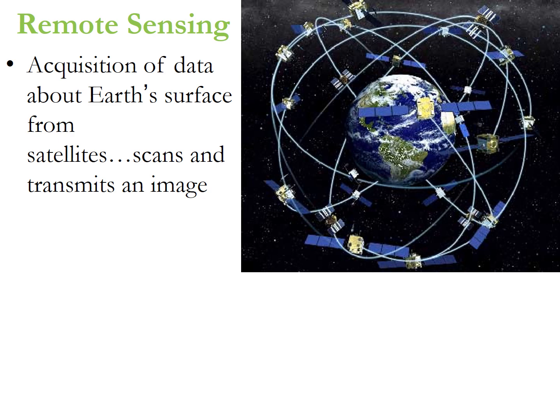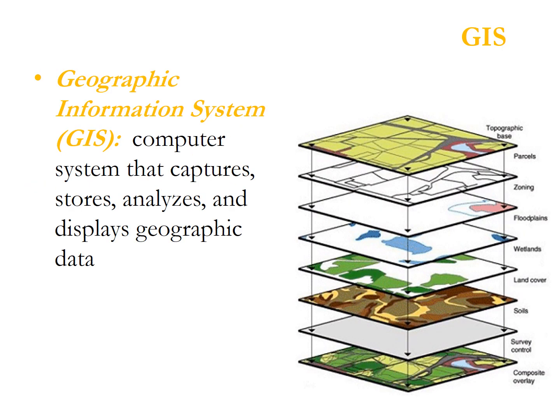So what can we do with that data? What could we do with GPS satellites pinpointing exact locations and remote sensing that's taking all these pictures of the Earth? Well, we use GIS, or the Geographic Information System, where it takes these images and layers them on top of a map, layers this data, so then we can analyze it and look at it.